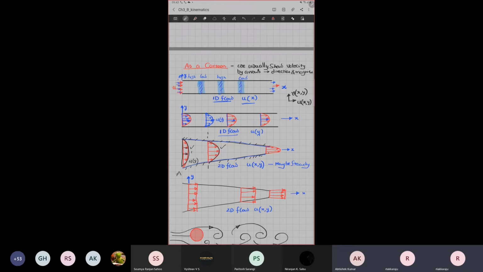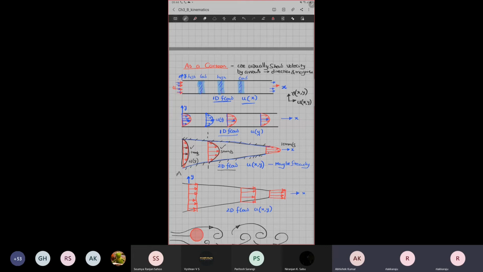Here if it is something like 1 millimeter per second maximum, here it might be 5 millimeter per second at maximum. Here it might be 10 millimeter per second. And it also varies in the vertical direction. If such kind of flows are there, we will call them two-dimensional flows.